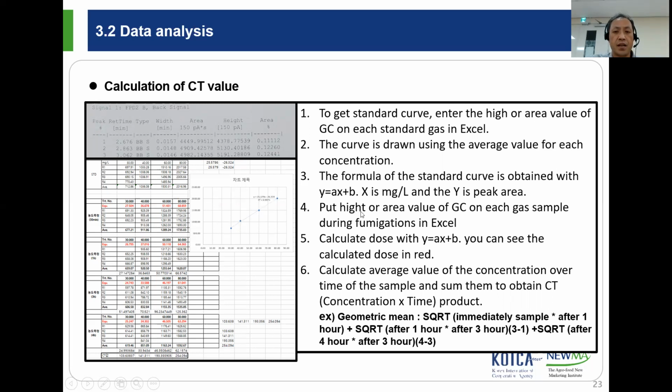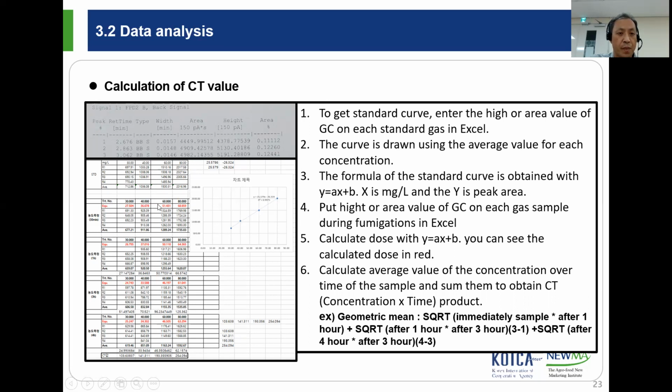Put the height or area value of GC for each gas sample during fumigation in Excel. During fumigation, at 30 minutes, 1 hour, 3 hours, 4 hours, like this, calculate those with y equals ax plus b. You can see the calculations in the red.